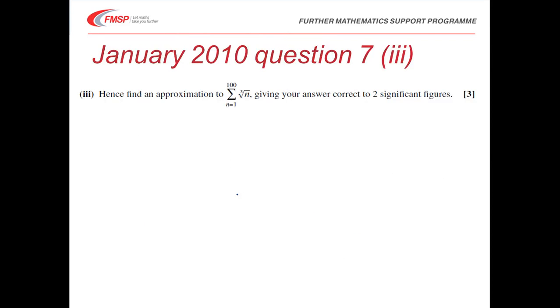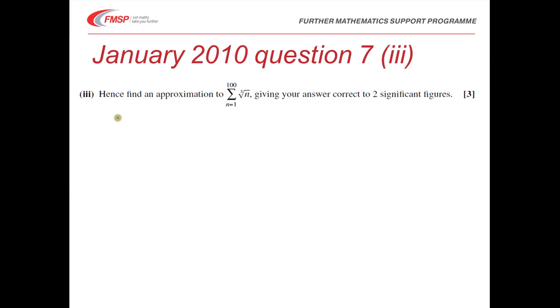So having that information, we now are being asked to find an approximation for the sum of cube root of n between 1 and 100, giving our answer to 2 significant figures.